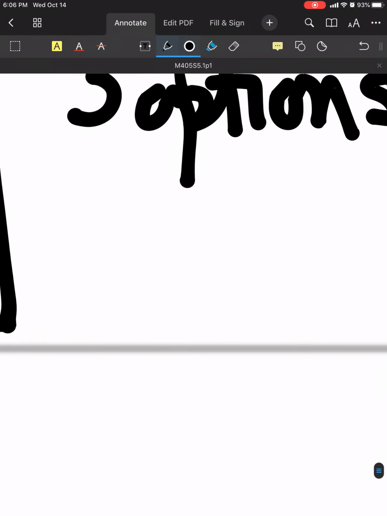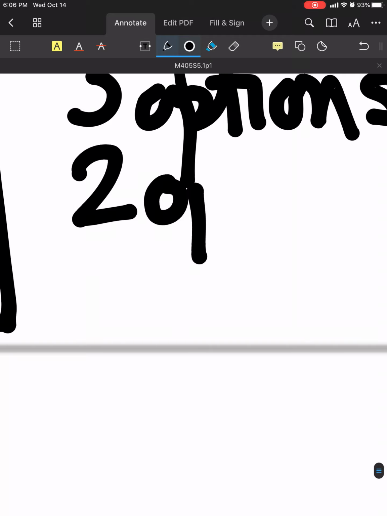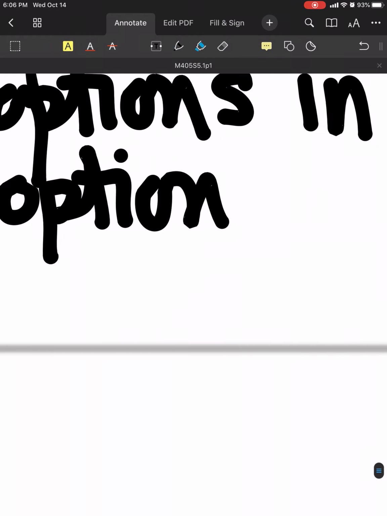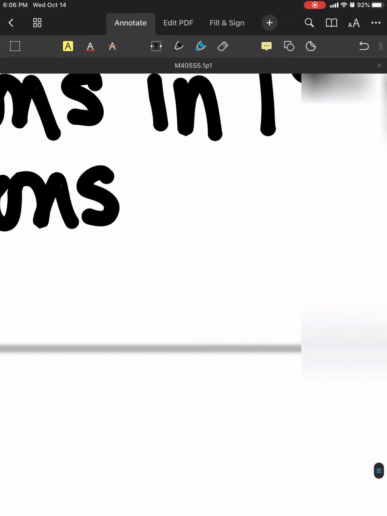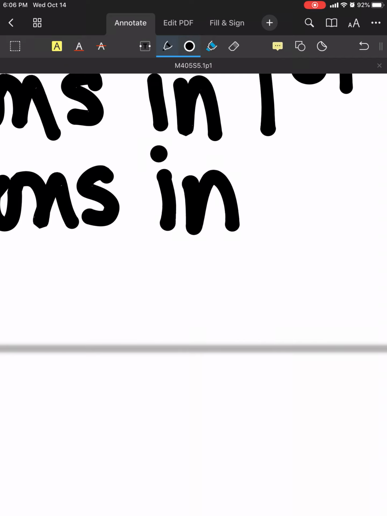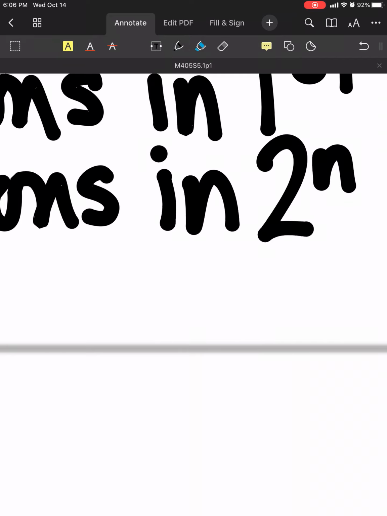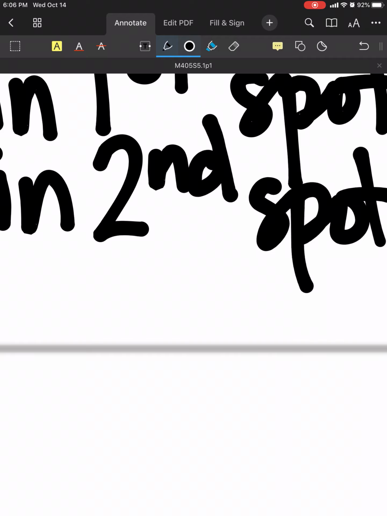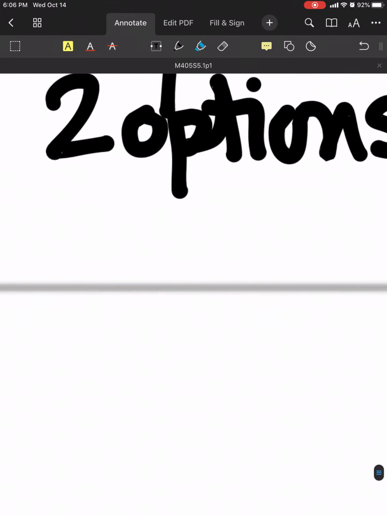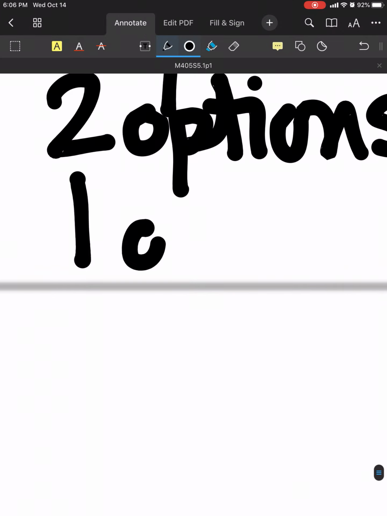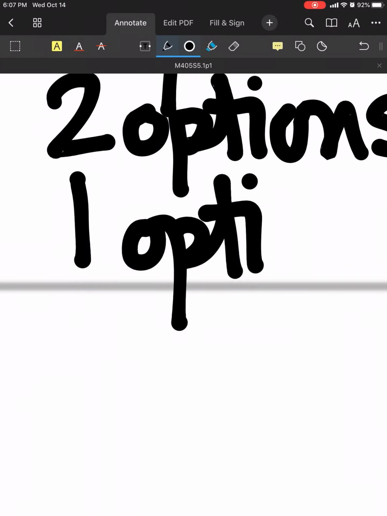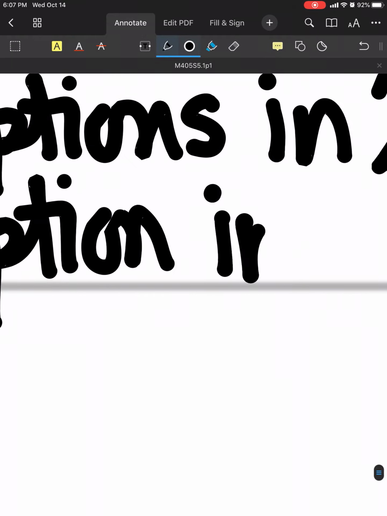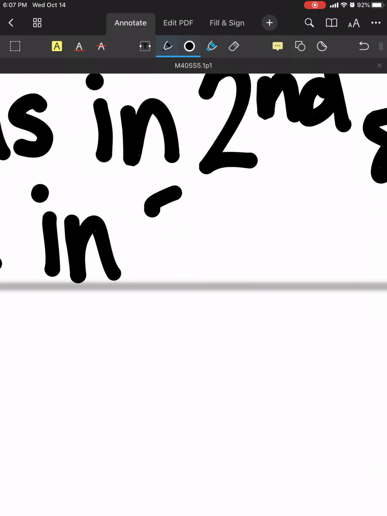Once we pick one, we only have 2 options left, because remember, this is 1-to-1 and onto, so we can't reuse numbers. 2 options in the second spot. And finally, we only have 1 option remaining in the third spot.